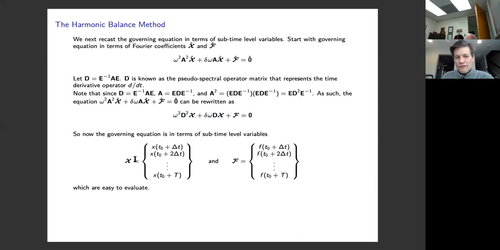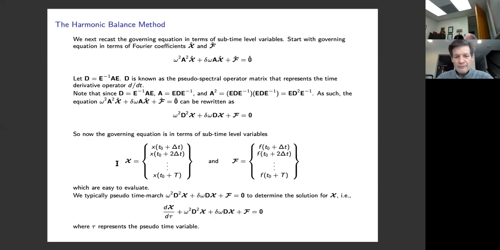So what we do to solve this system of equations is we will typically pseudo time march this governing equation to determine the solution for the unknown vector x, the subtime level solutions, by adding this pseudo time derivative term, where tau just represents a pseudo time variable, and we will just march that solution to convergence, and that's how we then determine the solution for these subtime level solutions.